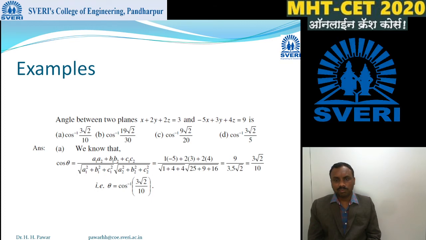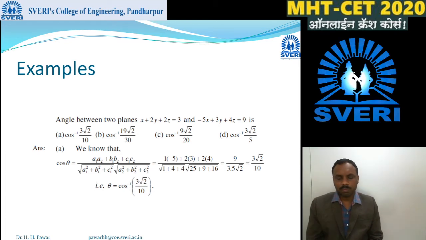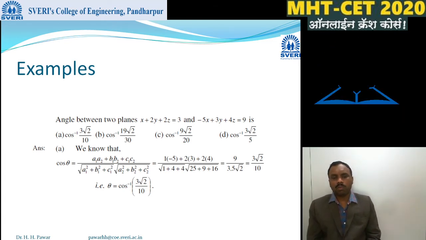Here the values of a1, b1, c1 from the first plane are 1, 2, 2 and from the second plane are minus 5, 3, 4. So put these values in the formula of cos theta.